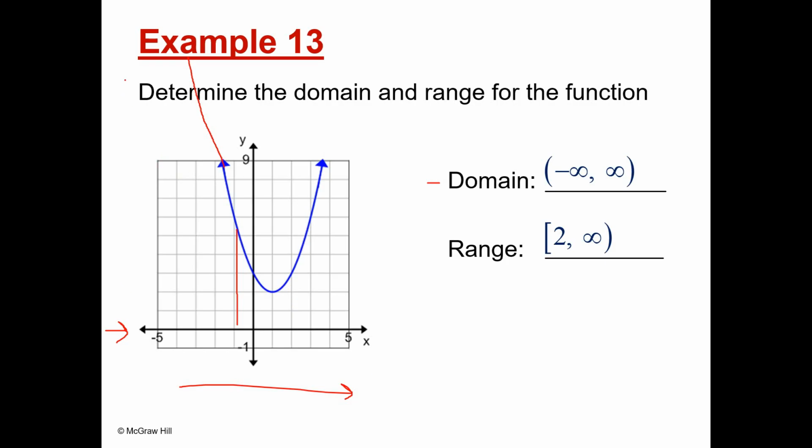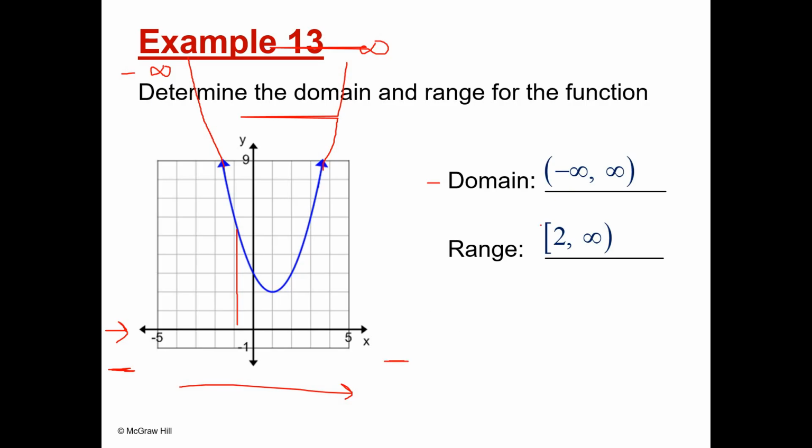We say that this function starts from minus infinity and goes to infinity, which means that we write this in parentheses form: open parenthesis, minus infinity. The x values start from minus infinity and end at plus infinity.